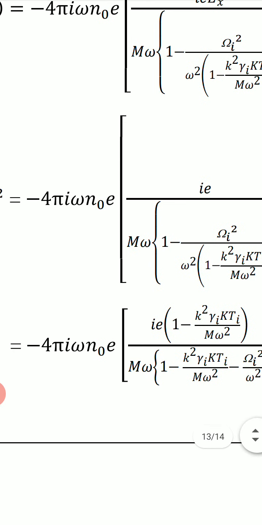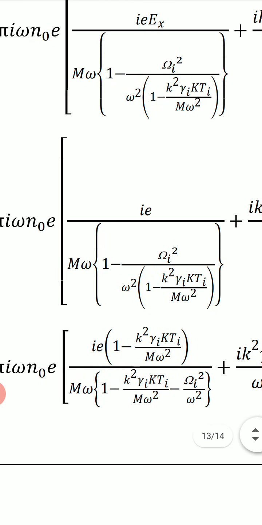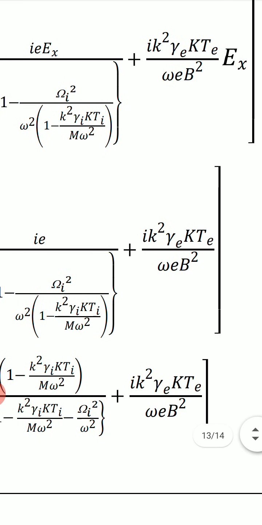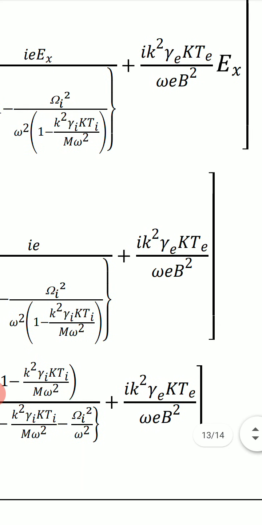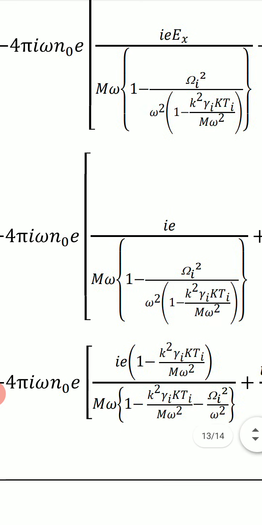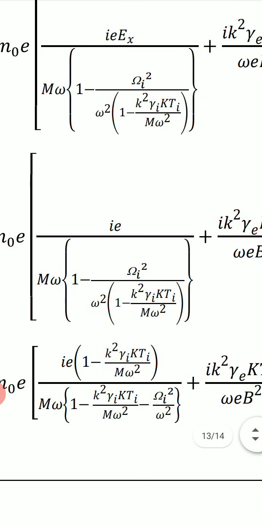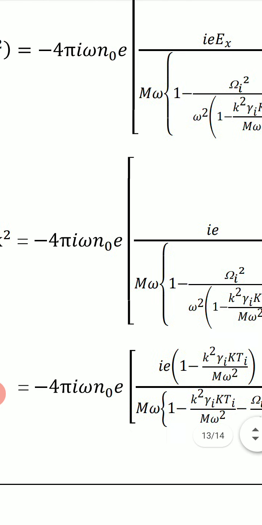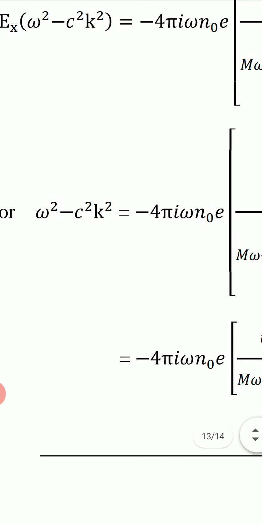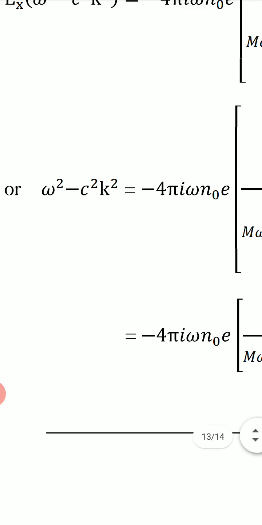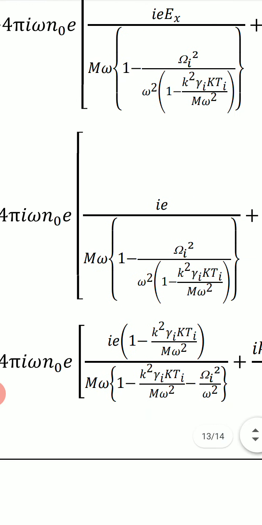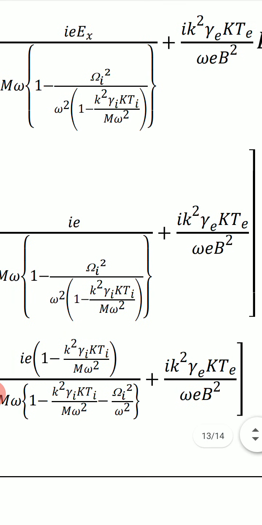Now we simplify this. Ex is on both sides, so we cancel Ex, and now we have omega square minus c square k square equal to this expression. Here we eliminate Ex from both the sides.